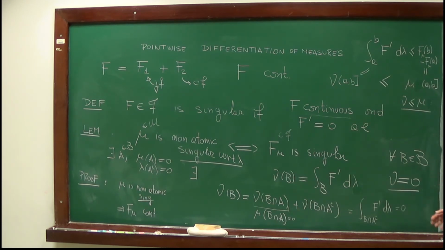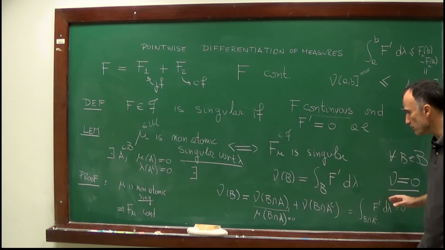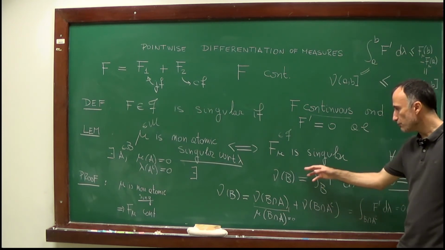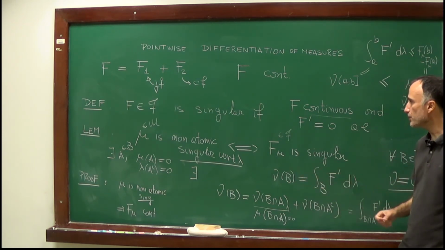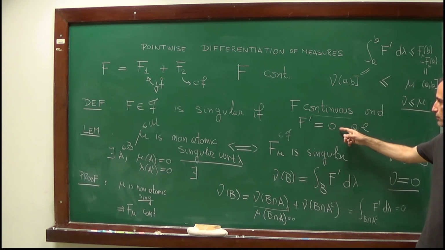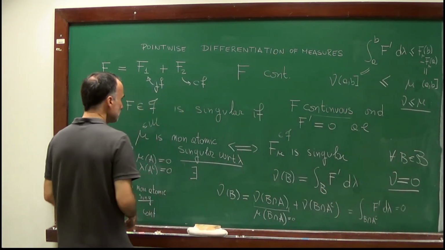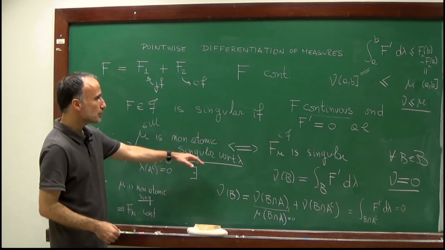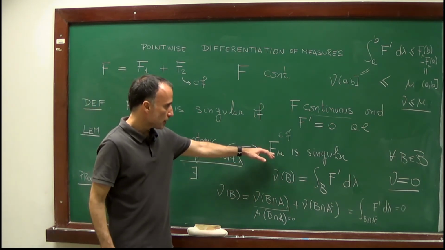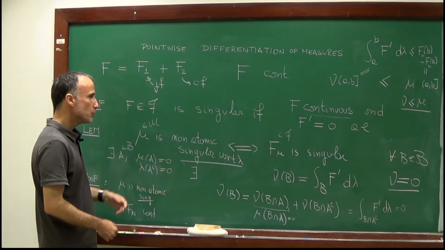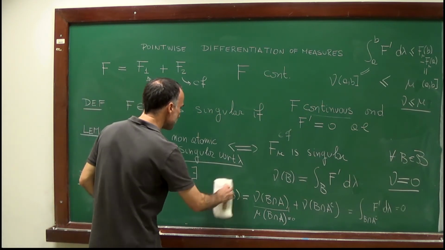Okay, so this proves that nu is identically equal to 0, and from that we conclude from this formula that f prime has to be equal to 0 almost everywhere. So this proves that if mu is non-atomic and singular with respect to the Lebesgue measure, then f mu is singular. And now we will prove the converse.